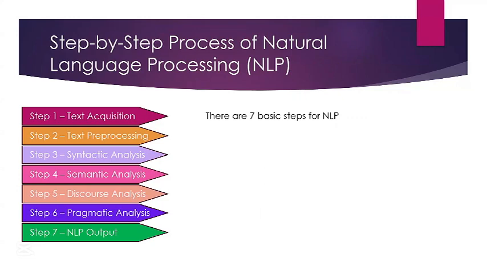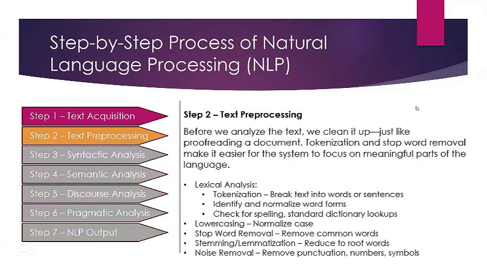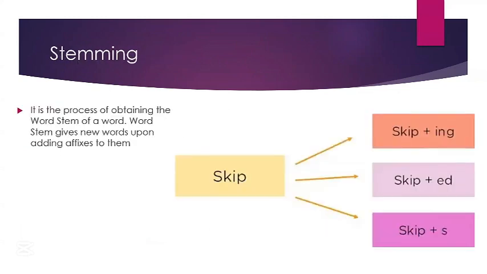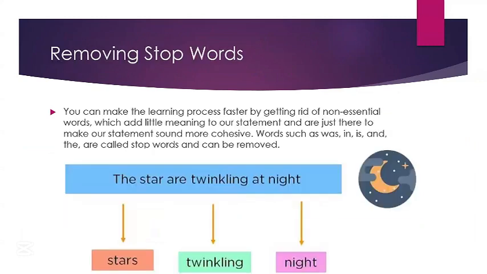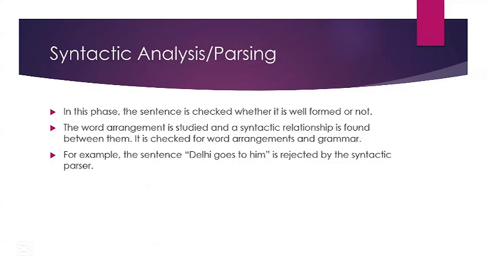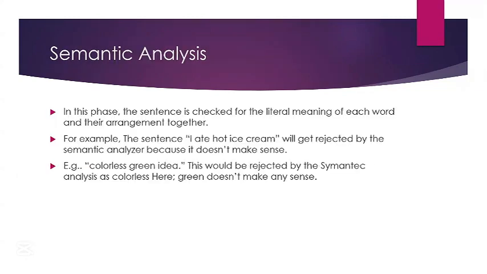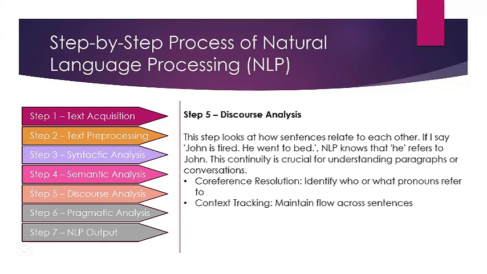Those are the basic seven steps we discussed, how NLP works. We discussed in detail how the data is input and how the process happens, and also some keywords like segmentation, stemming, syntactic analysis, semantic analysis, and what POS is. Those are some important key points we discussed during the last lecture.